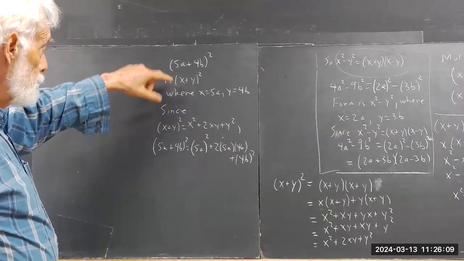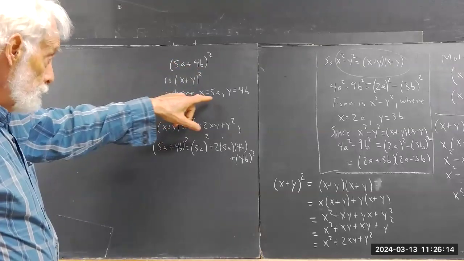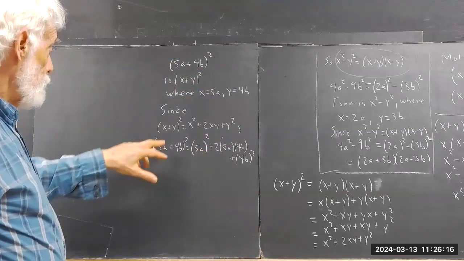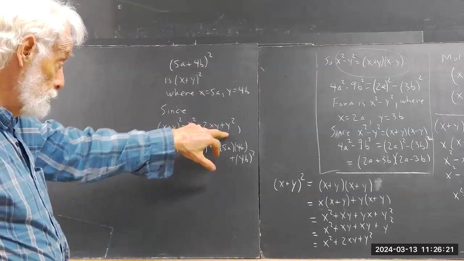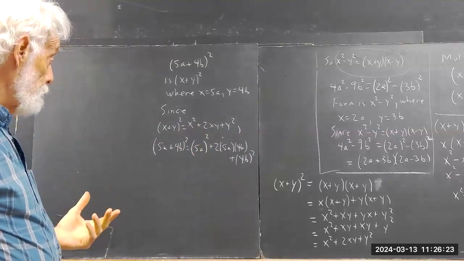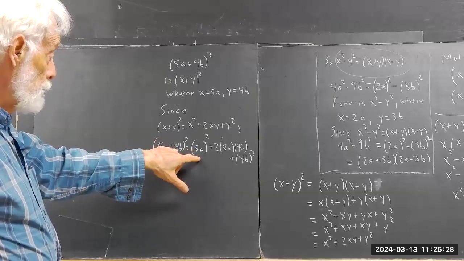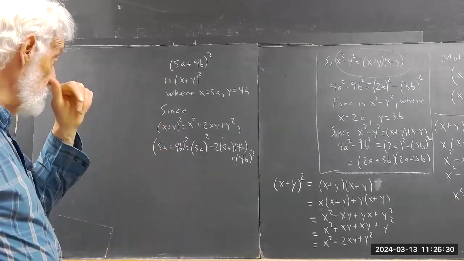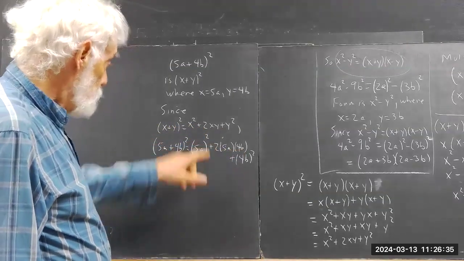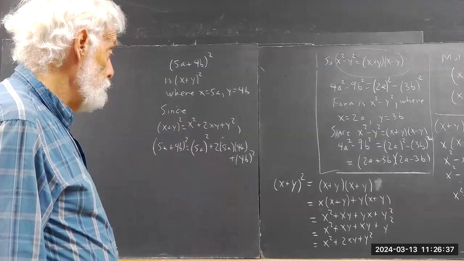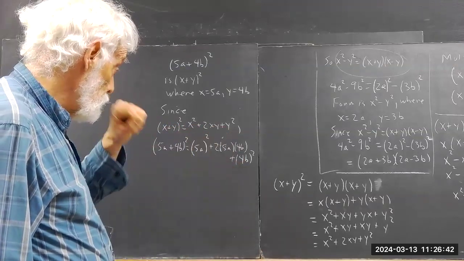Well, we've already said that this is the form x plus y quantity squared, where x is 5a and y is 4b. Since the quantity x plus y squared is x squared plus 2xy plus y squared, then the square of 5a plus 4b is the square of 5a, which corresponds to your x squared, plus 2 times 5a times 4b, which is your 2xy, plus the square of 4b, which takes care of y squared.